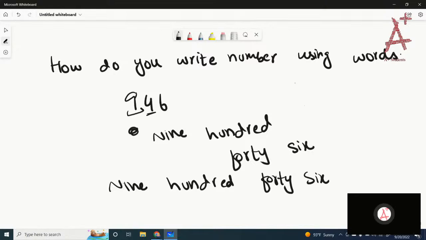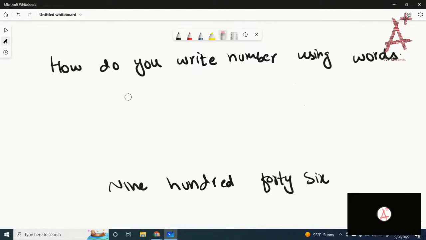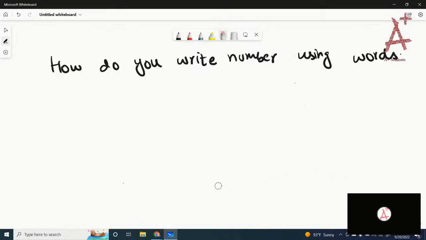Select the correct option and click on the OK button. How do you write this number using words? Okay, 706.